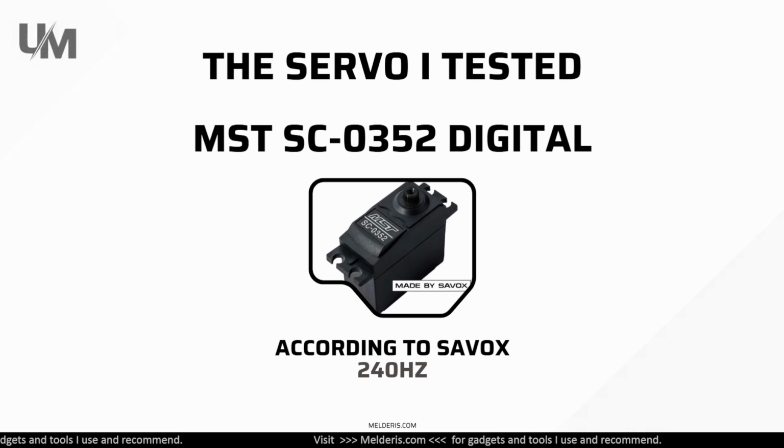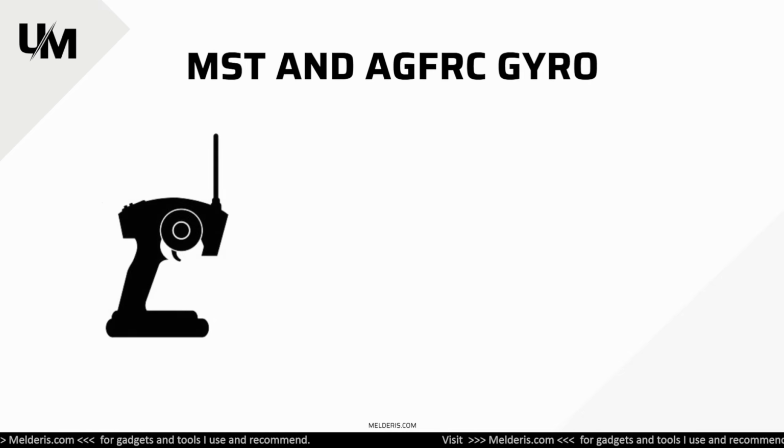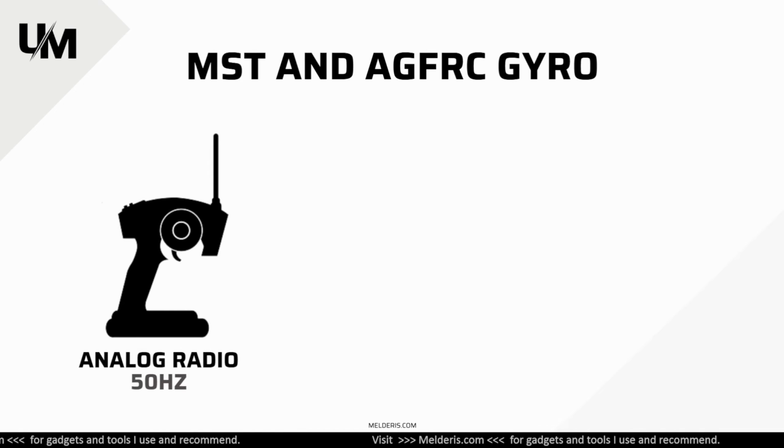Okay, now let's go to the next slide and take a look at which setups will be working, which are worst to consider and avoid, and which won't work at all. So let's start with the MST and AGF-RC gyro. First of all, I had my radio system, which was an analog radio system working at 50 Hz.